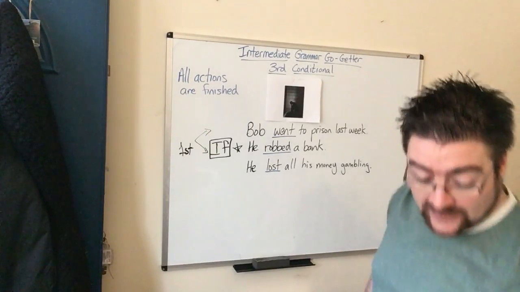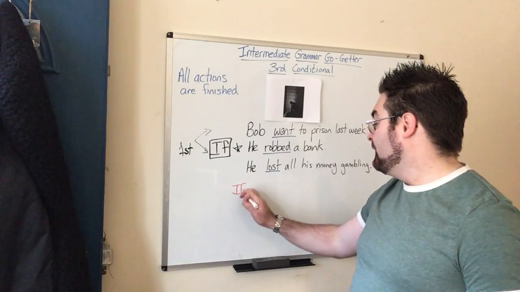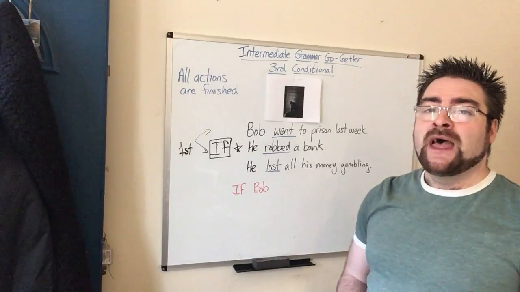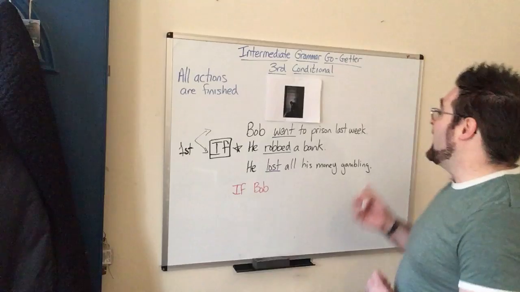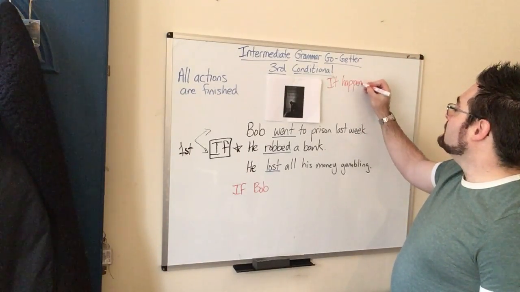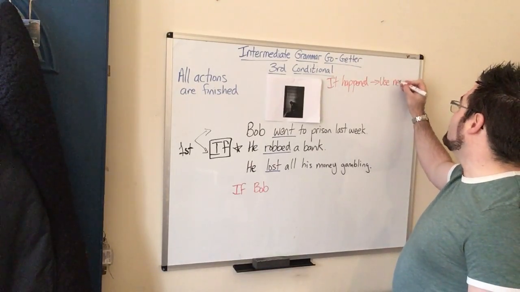Alright, so we start off with if. Then we need our subject, Bob. Now the other thing that's difficult about the third conditional is that if it happened, we use negative grammar.